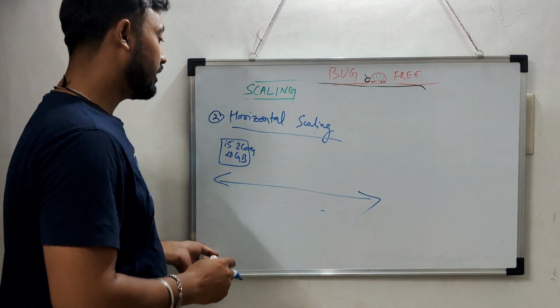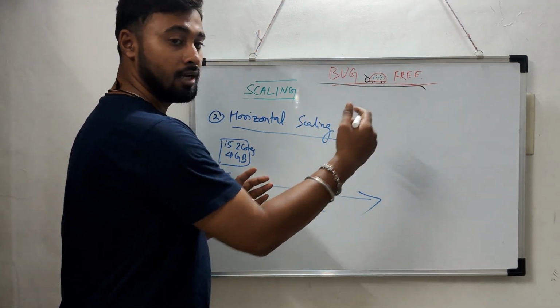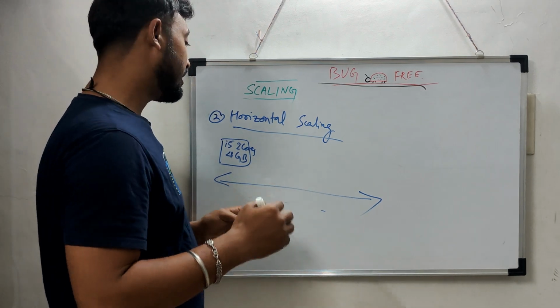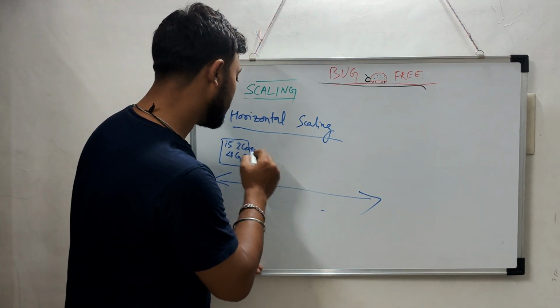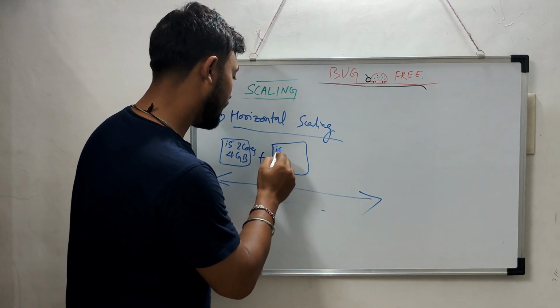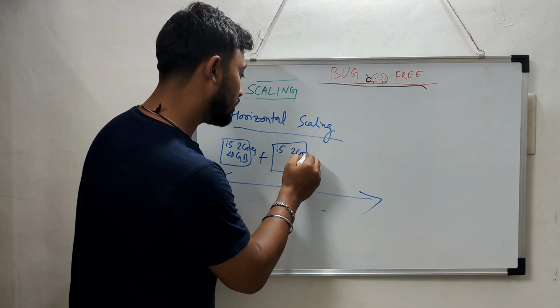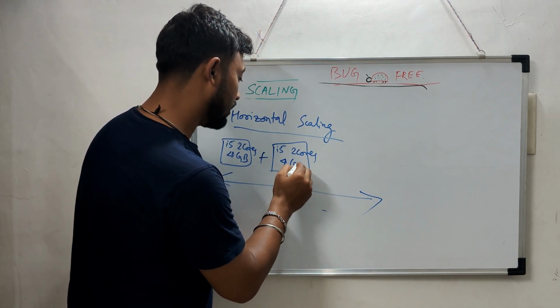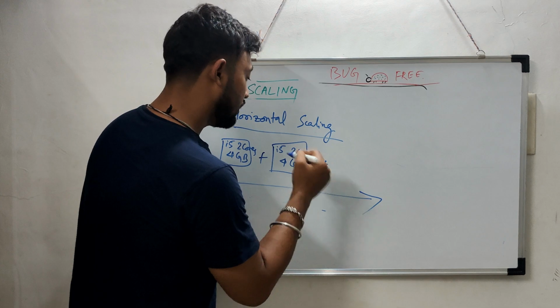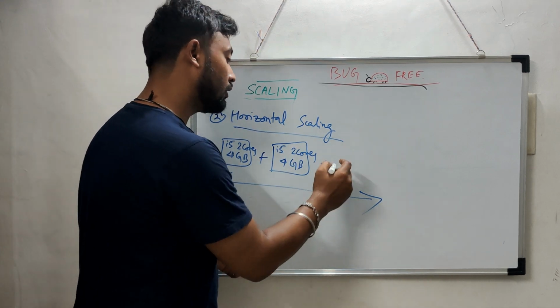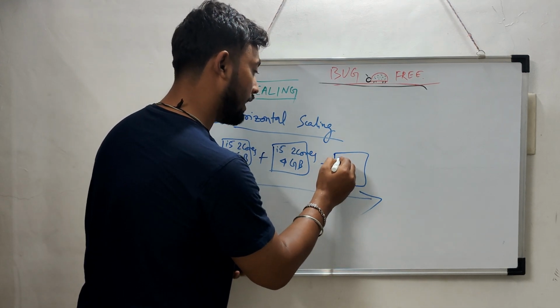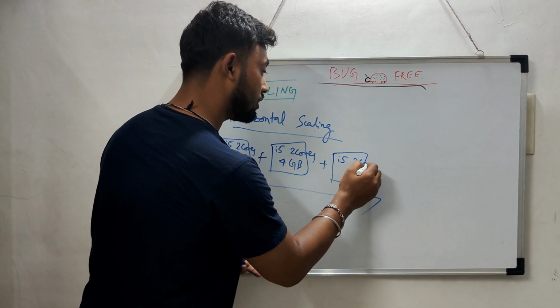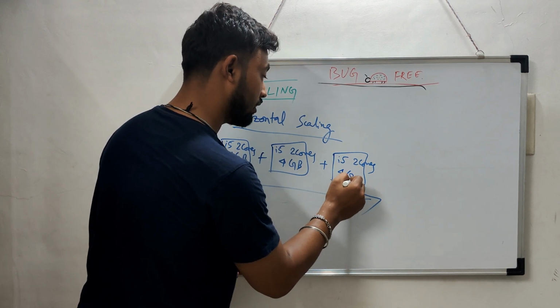To increase the overall processing power as well as the memory, we add one more system here, an i5 2 cores 4 GB. If you want to increase the power further, you can add one more i5 2 cores 4 GB.